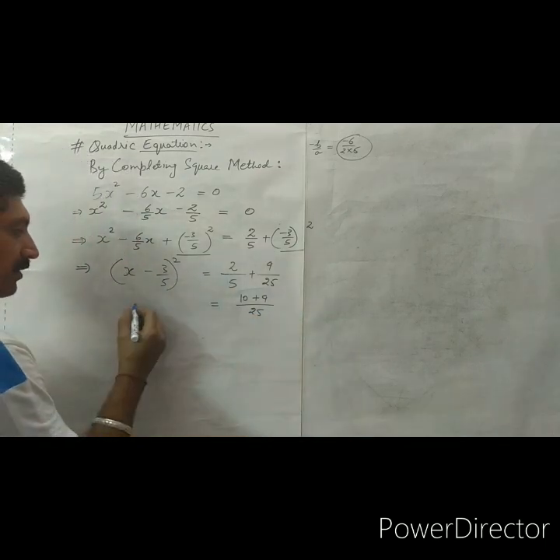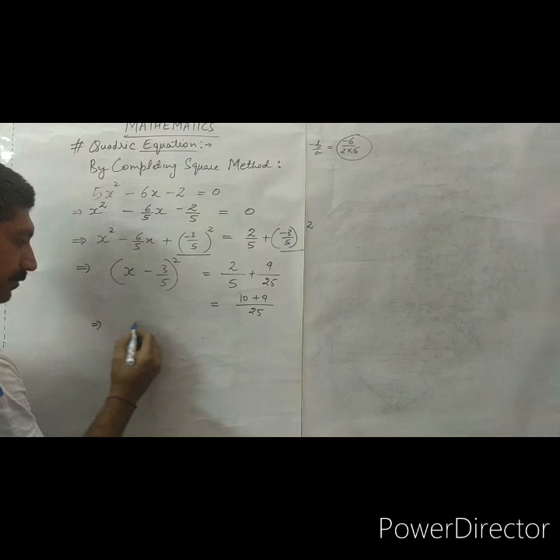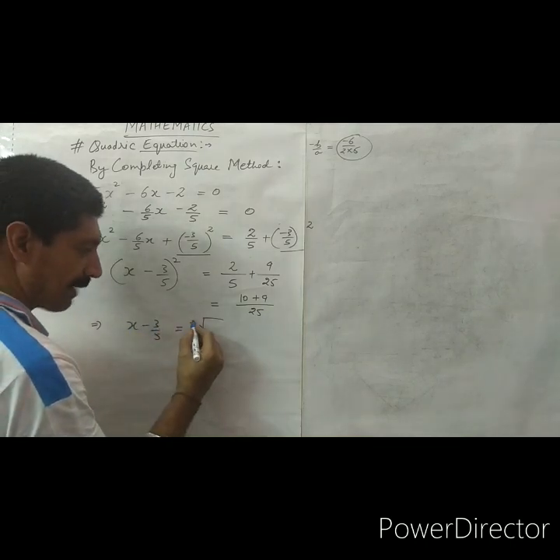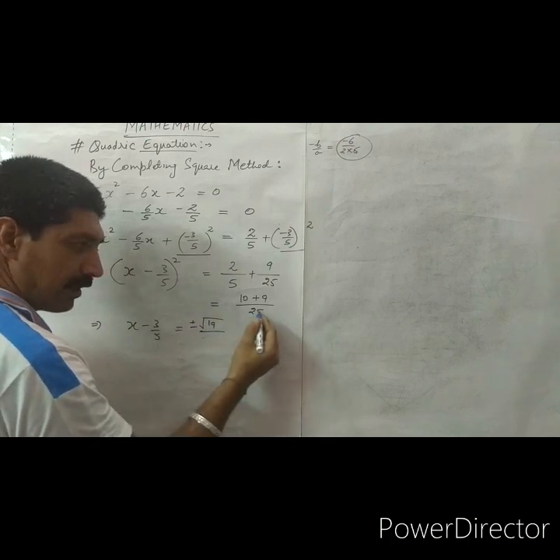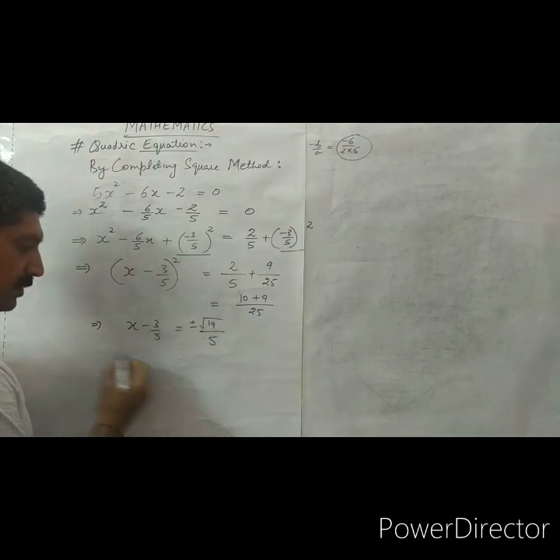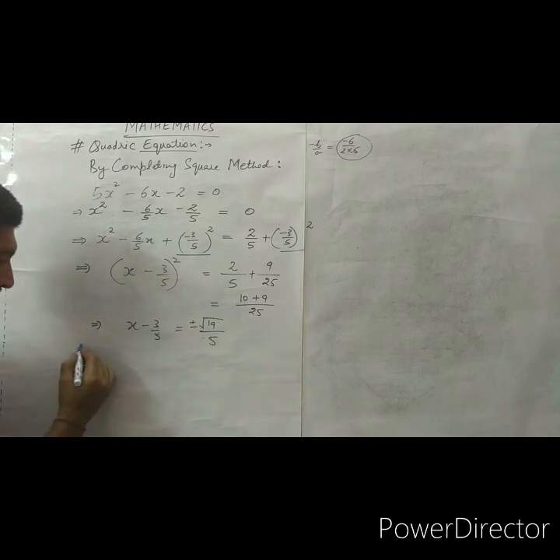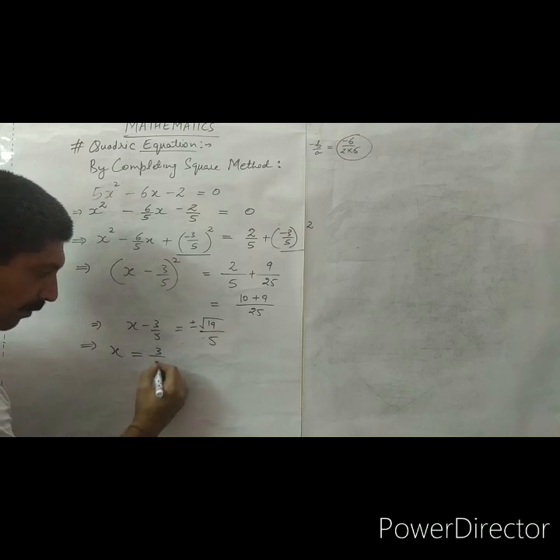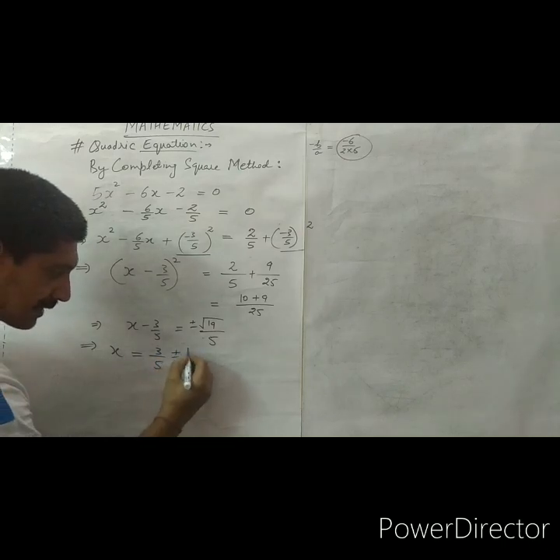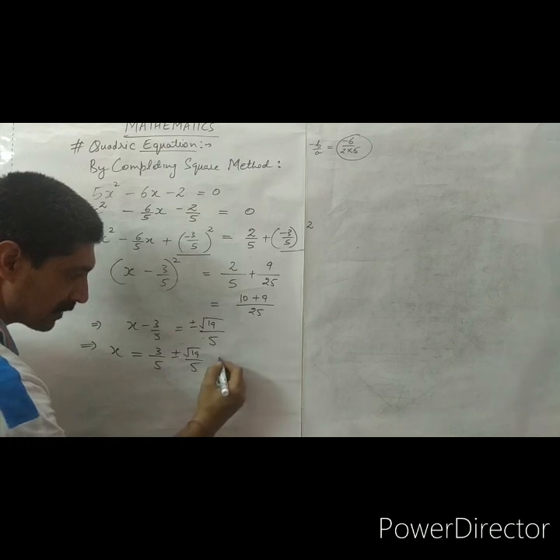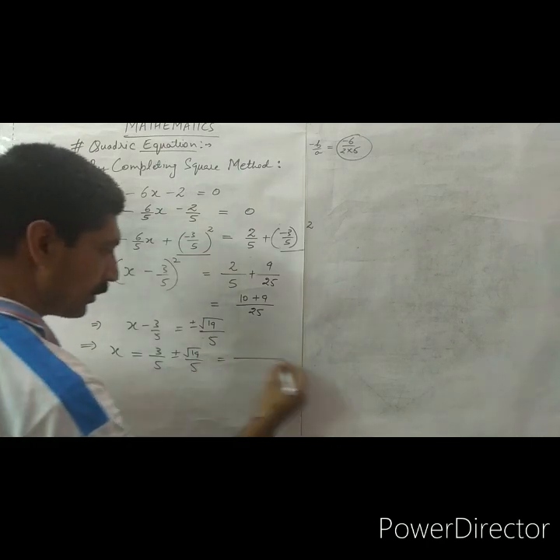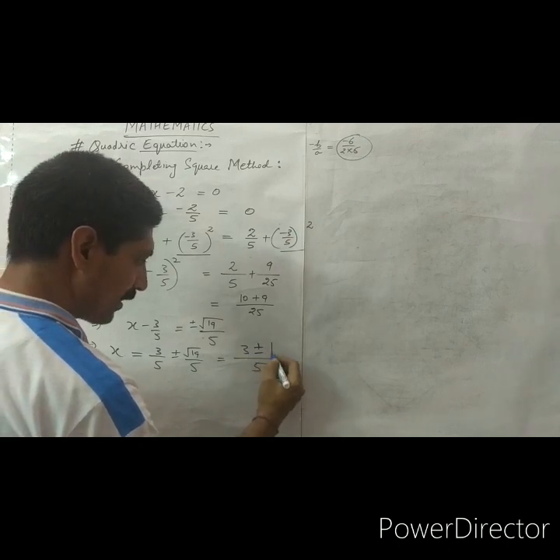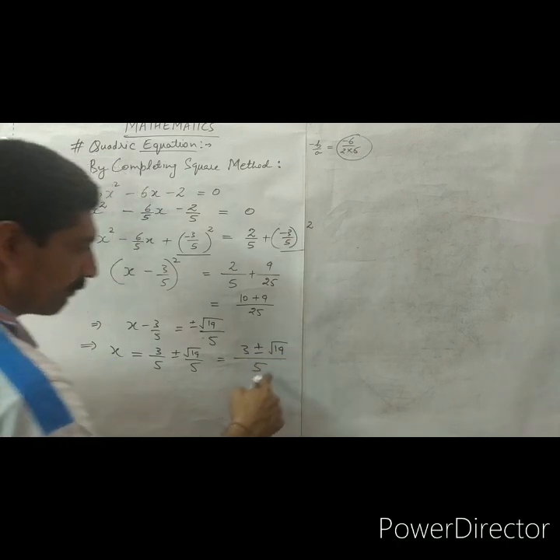So taking the square root on that side, we will get x minus 3 upon 5 is equal to plus minus root 19 upon root 25, which is 5. This implies that x is equal to 3 upon 5 plus minus root 19 upon 5, which is equal to 3 plus minus root 19 by 5.